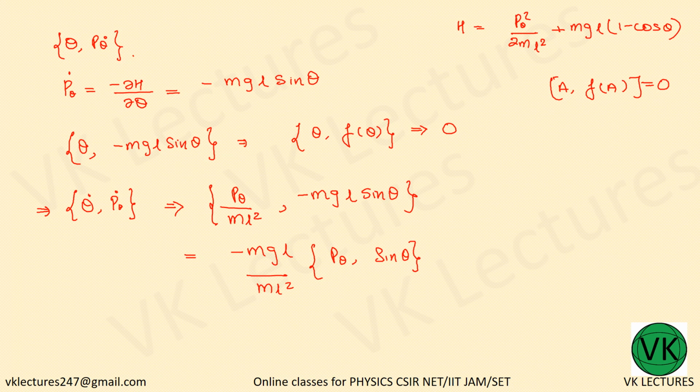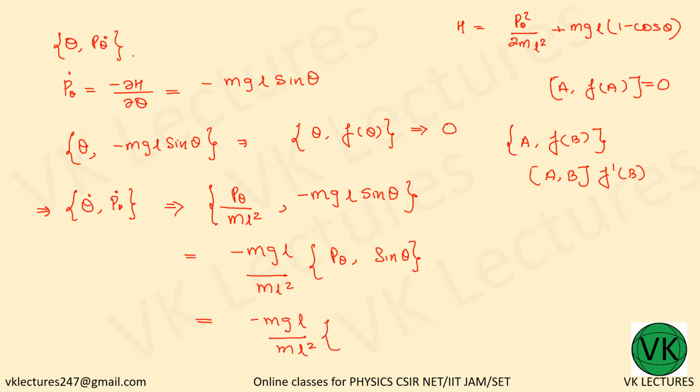So p theta comma sin theta is nothing but a comma f of b, which is equal to a comma b into f dash of b. So that gives us minus mgl divided by ml squared, p theta comma theta. Sin theta differentiation is nothing but cos theta.